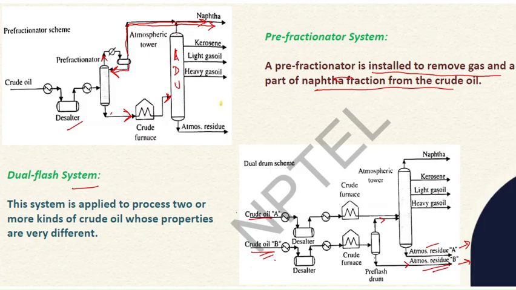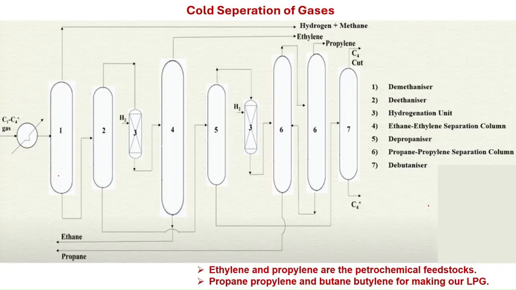So in this way, if different types of crude oils are present, then we can use this dual flash system. Am I clear?